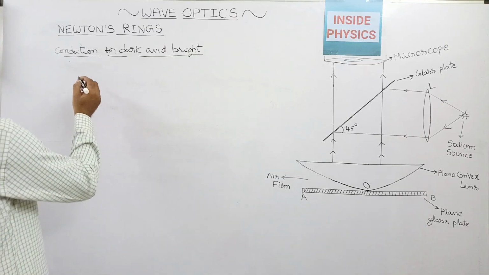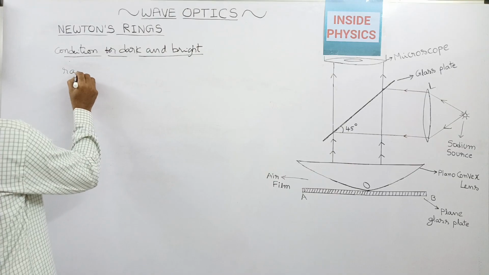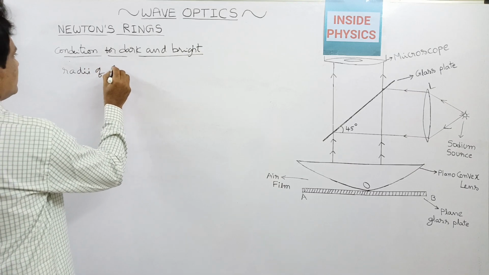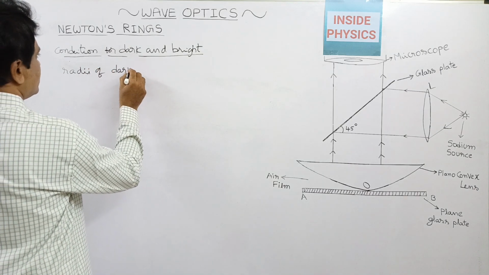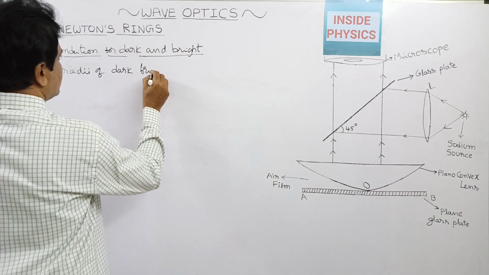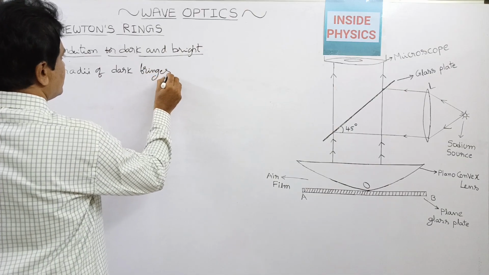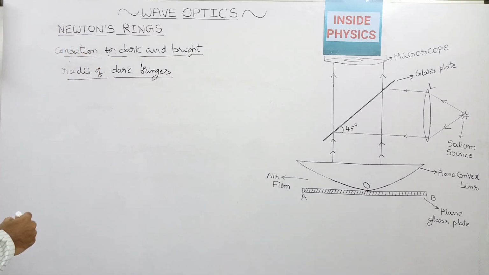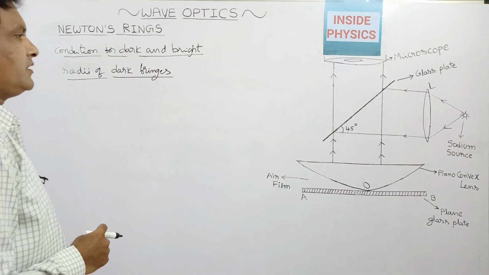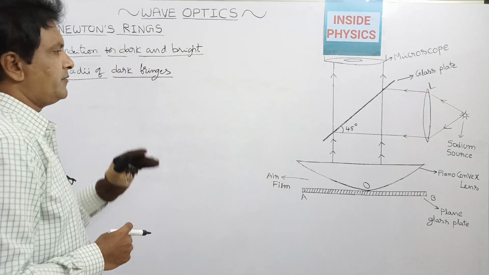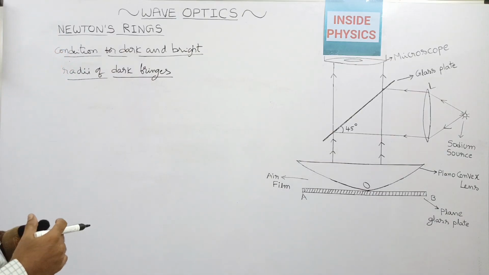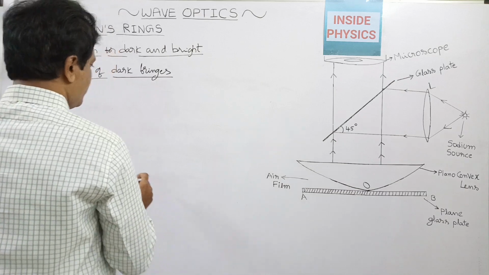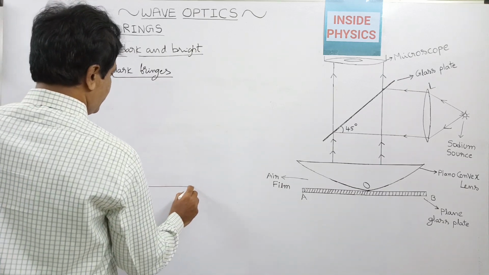Now we see what is the radius, or radii, of dark fringes, or we can also take it for bright fringes, anything is the same. To get the radii of dark fringes, see the same experimental setup.